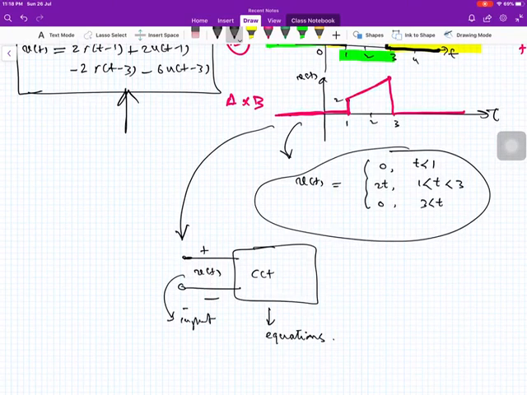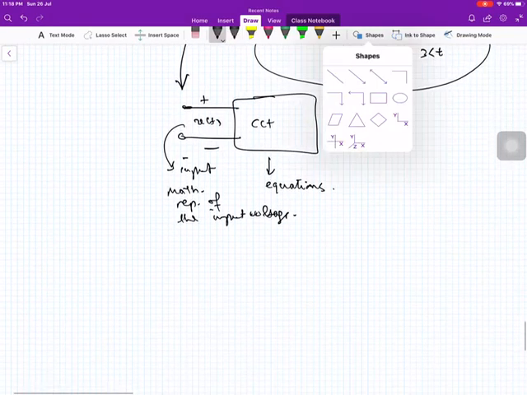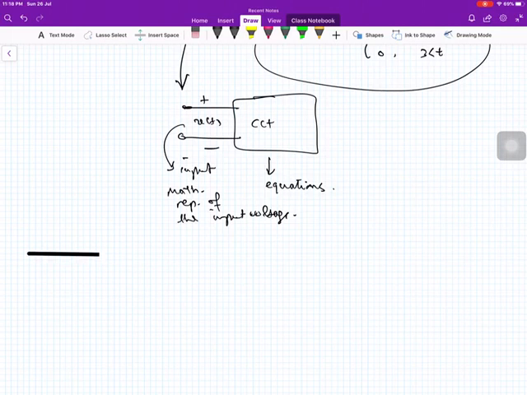So we should have a mathematical representation of the input voltage in order to analyze the circuit. So this is the end of part 1.